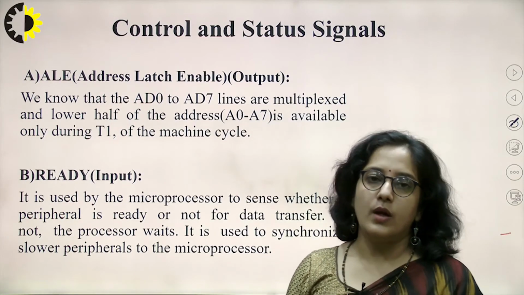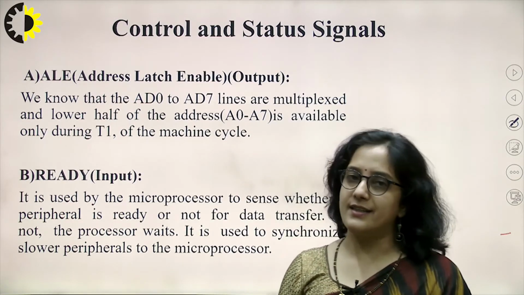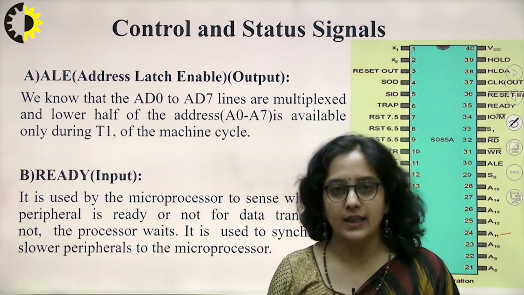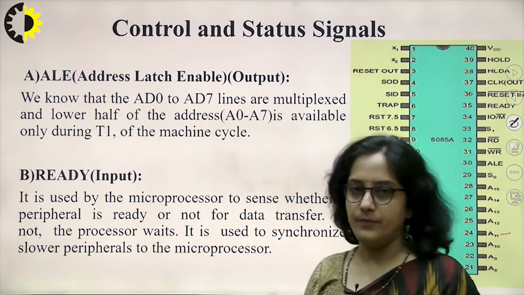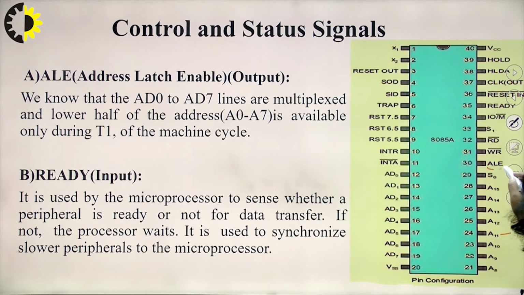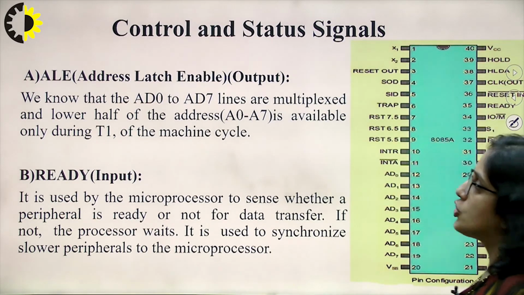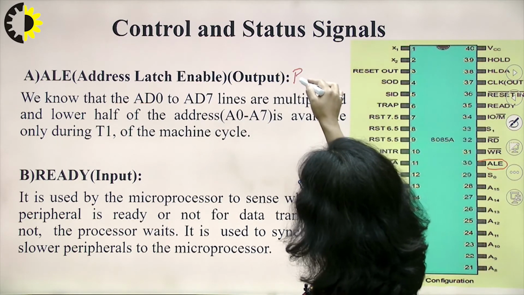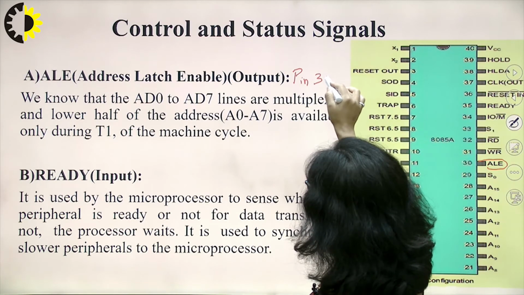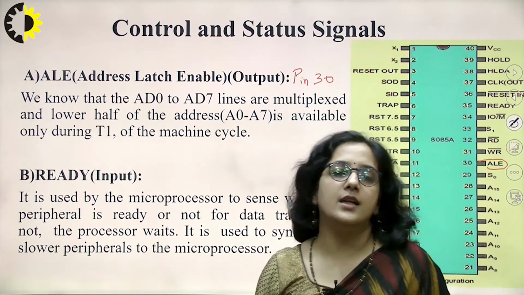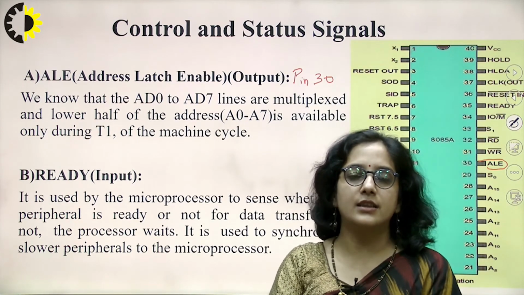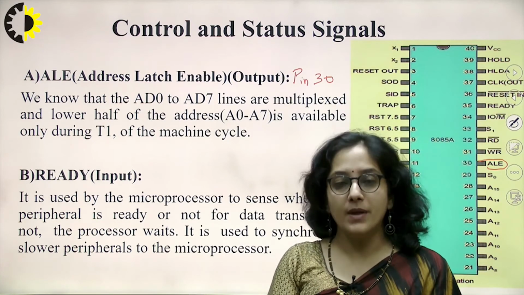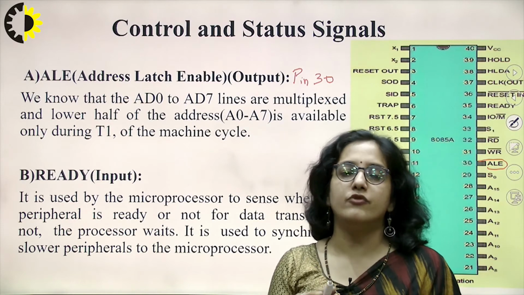Now, as I told you, for multiplexing of address and data lines, we need a signal, and that signal is ALE, address latch enable. Here is this signal at pin number 30. This signal is used as an enabling signal to a latch which will demultiplex address lines from data lines.